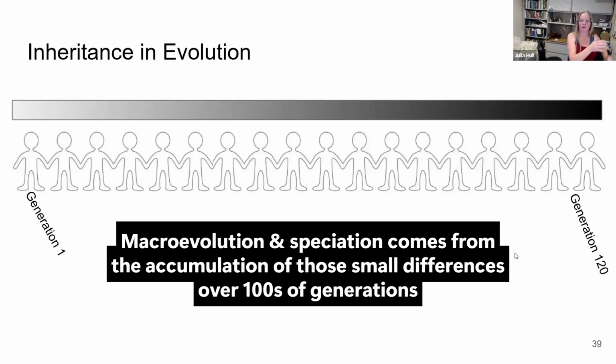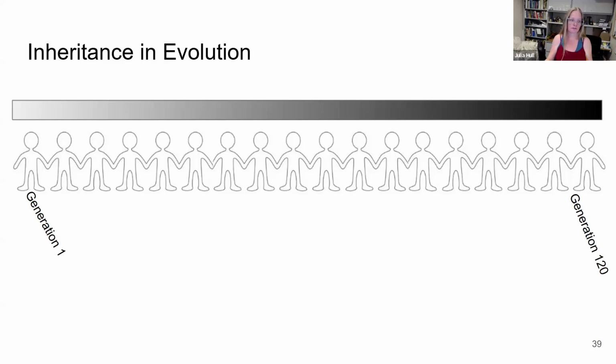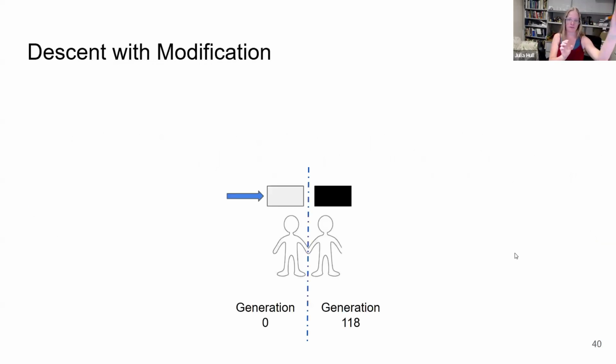So if we have all these moms and daughters lined up for generations, they're all going to be similar enough that we can say, yeah, those are all the same. But if we take the two ends and compare generation 0 and generation 120, yeah, we see that there are some significant differences between white and black.